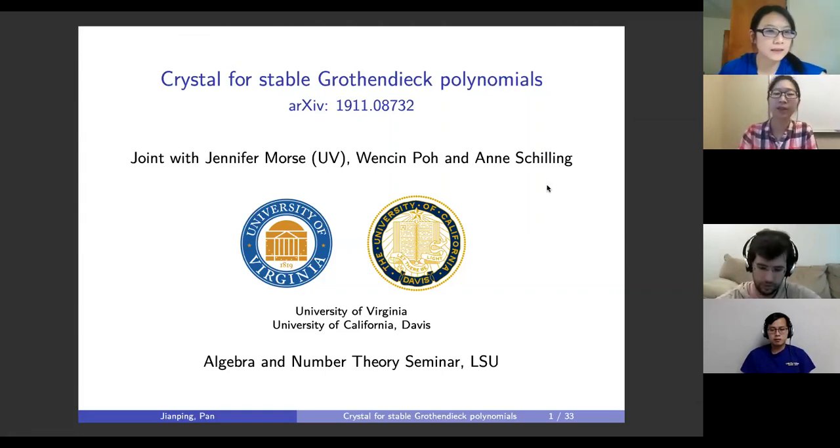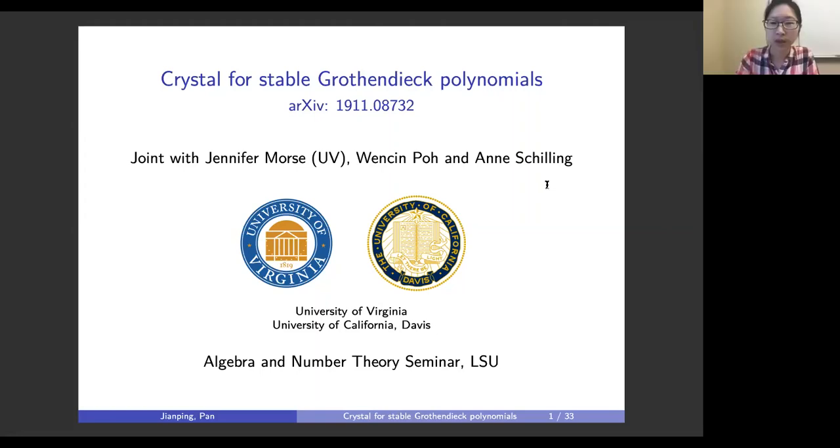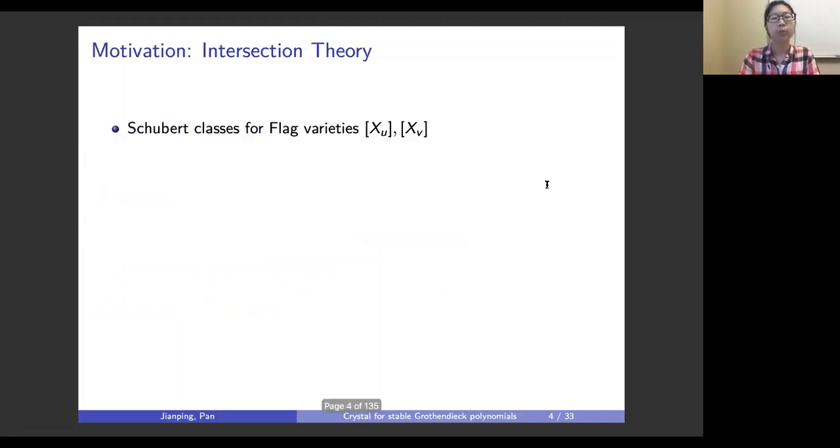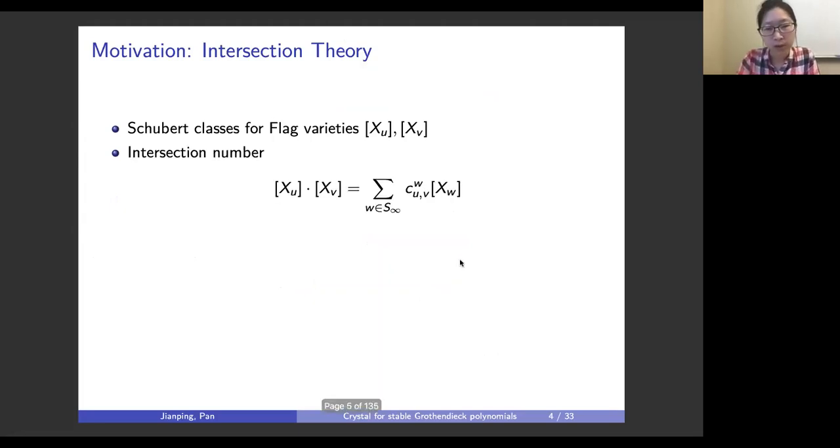So first, I need to tell you about the stable Grothendieck polynomials. What are they and why do we study them? A brief motivation is that they actually arise from geometry. In geometry, when we want to compute intersection numbers, Schubert calculus serves that purpose. For example, if you are studying flag varieties, there are Schubert classes.